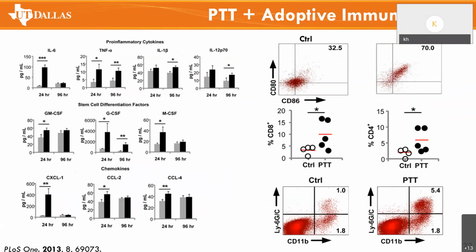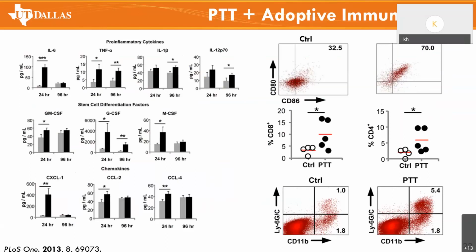PTT can also induce cytokines that stimulate stem cell survival, growth, and differentiation: GM-CSF and MCSF, which showed significant increases following PTT. Another thing that they checked was the amount of chemokines that increased.